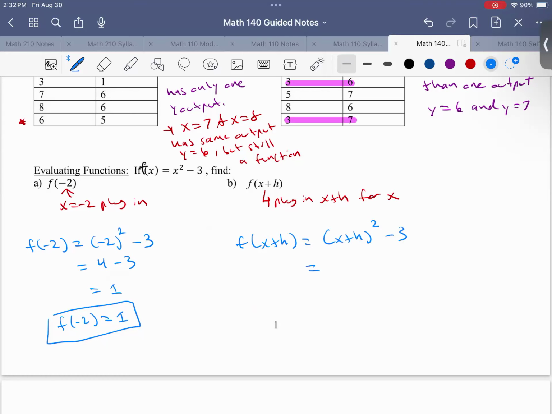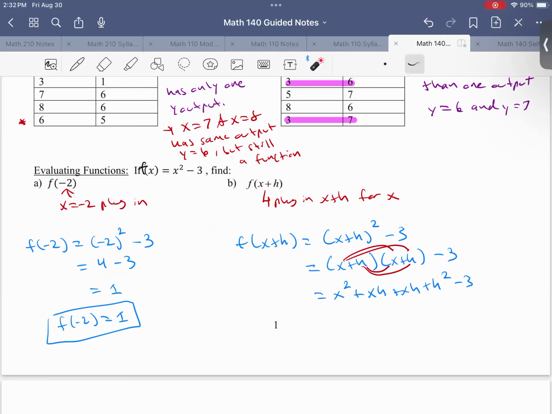An expression squared would just be x plus h times x plus h, minus 3. And then we have to FOIL this out. So x times x is x squared, plus xh, then h times x, which is xh, and h times h, plus h squared, minus 3.